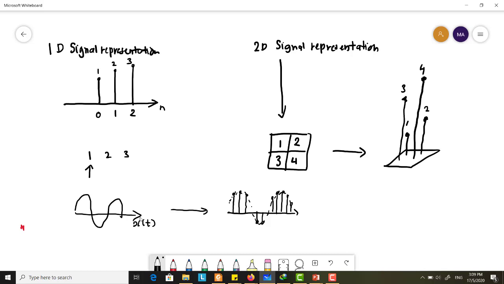The standard notation for digital signals is x[n], just to differentiate between the continuous time domain and the discrete time domain. They use the letter n to represent the discrete time that happens in a digital signal.